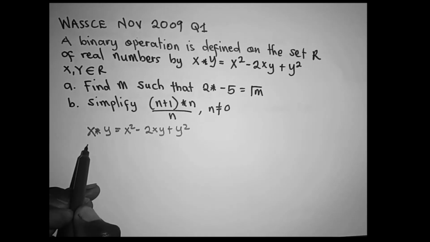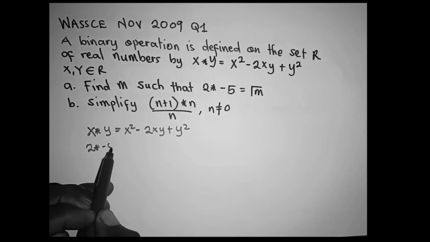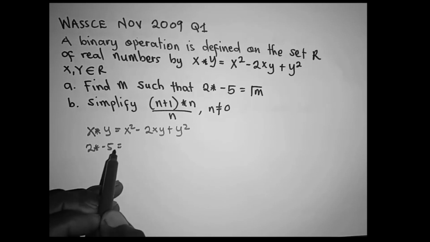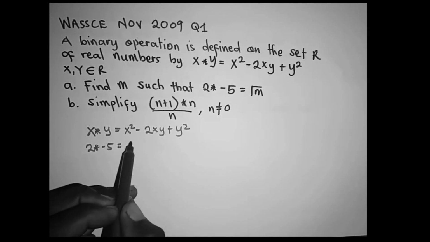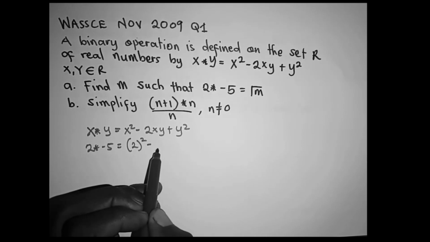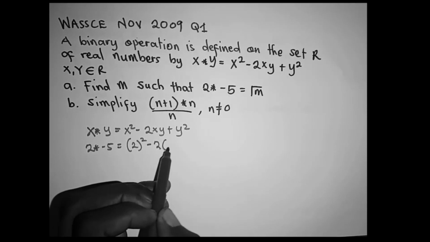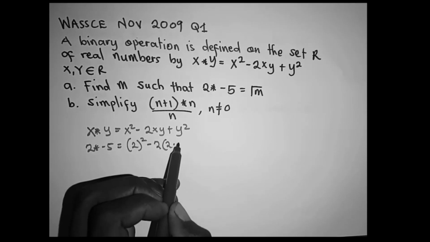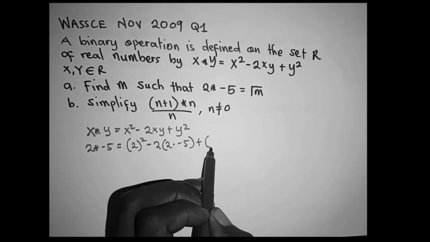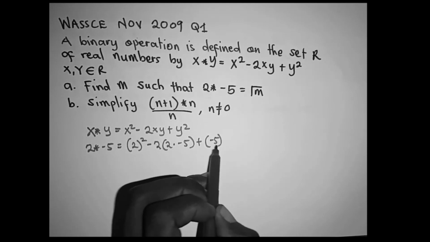So what will be 2 operation minus 5? It's equal to, wherever we see x, we put 2, and wherever we see y, we put minus 5. So this is 2 squared minus 2 times minus 5 plus minus 5 squared.